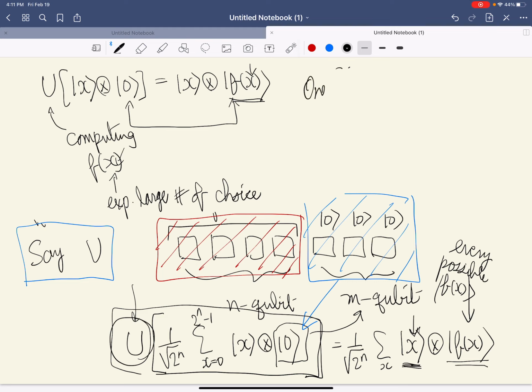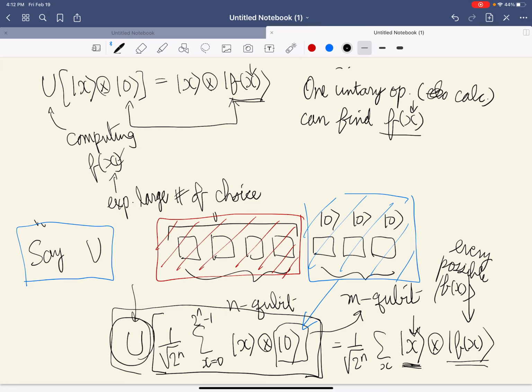In other words, one unitary operation or calculation can find all of the functional values of a given function. So it's kind of like having an exponentially large number of computers running these calculations in parallel. One computer computes the value of f of x for one choice of x.